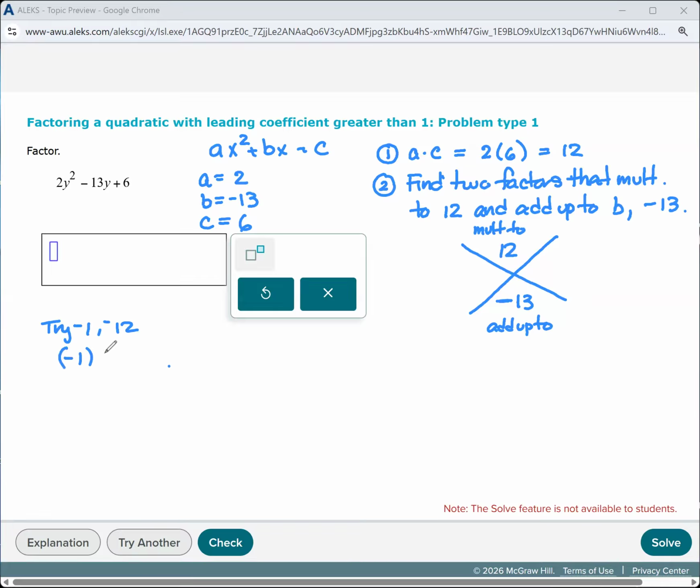And sure enough, right, -1 times -12 equals a +12. So that works. And -1 plus -12 equals -13. And that works. So remember, both criteria must be satisfied. So my two factors are -1 and -12, right? All right, so let's keep going.